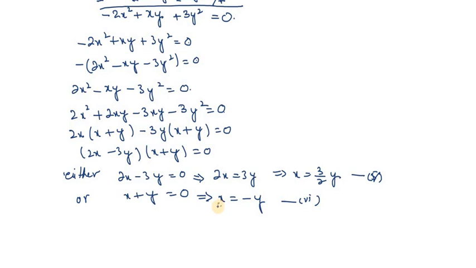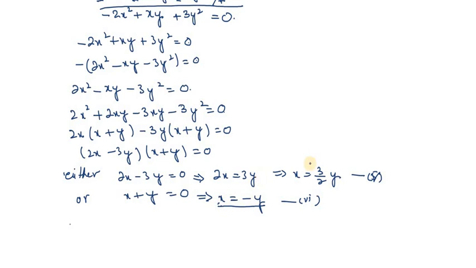We get an equation in terms of y square, and easily we get the value of y. Then we put the value of y in equation number 6 and find the value of x.